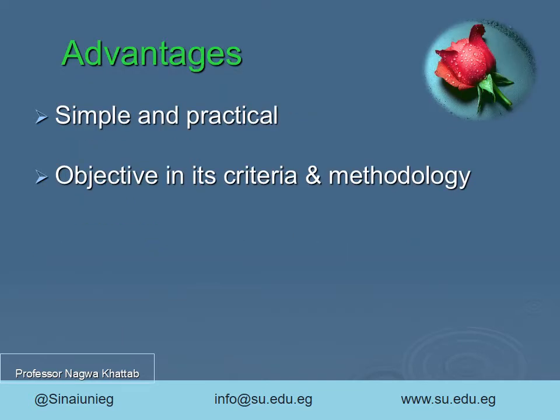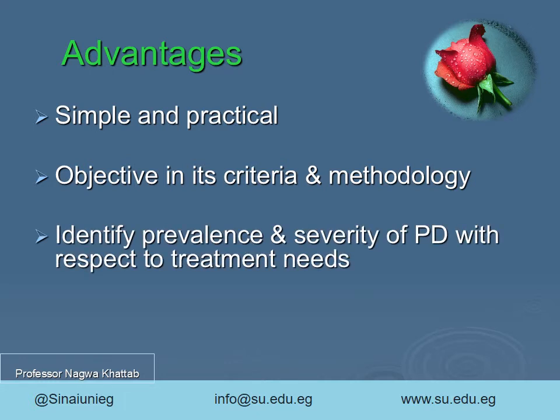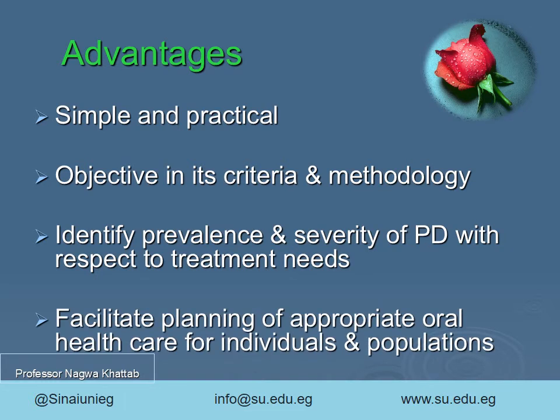The advantage: it is simple and practical, objective in its criterion methodology, and identifies prevalence and severity of the periodontal disease with respect to the treatment need. It facilitates planning of appropriate oral health care for individuals and population.